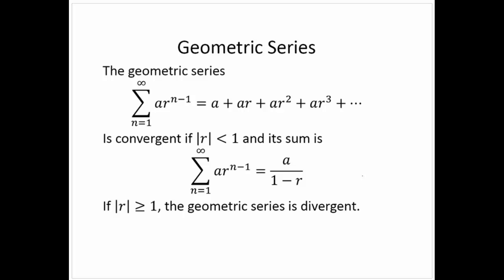Notice as n increases, each term has another factor of r. So the series is a plus a times r plus a times r squared plus a times r cubed, etc. This is called the geometric series. It can be shown that the geometric series is convergent if the absolute value of r is less than 1, and its sum is given by a over 1 minus r. So that's the first term of the series.